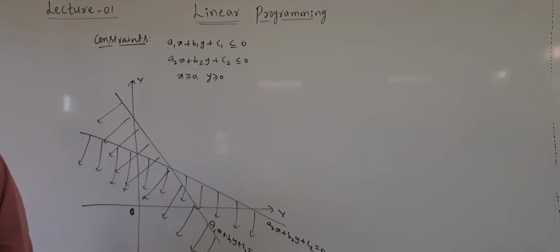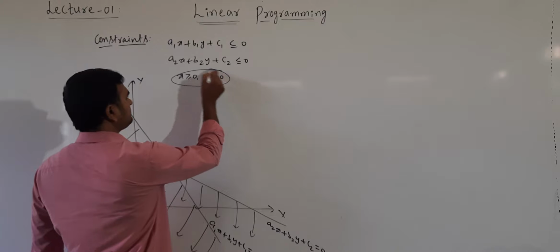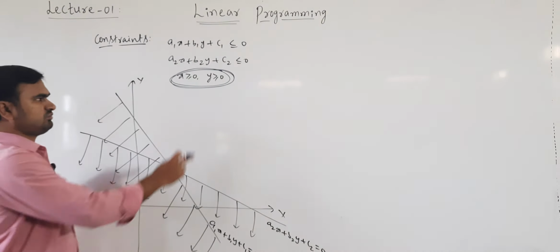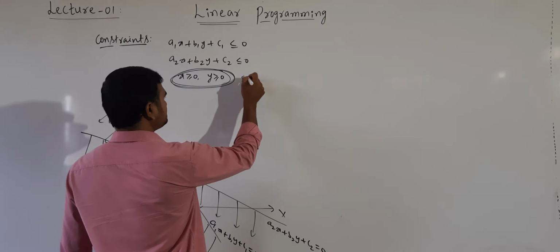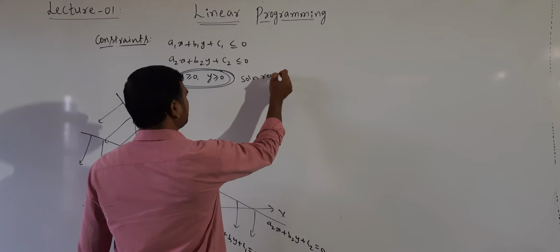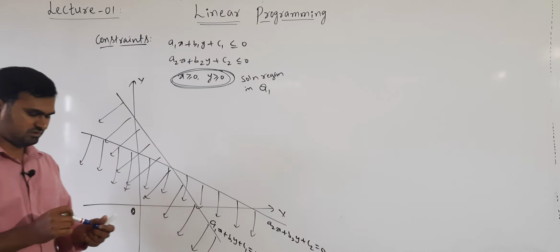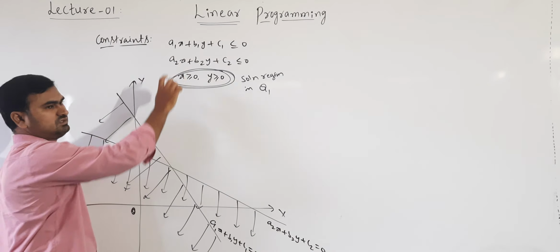Next, what do x greater than or equal to 0 and y greater than or equal to 0 represent? This represents the solution region in the first quadrant, because we need x positive and y positive.